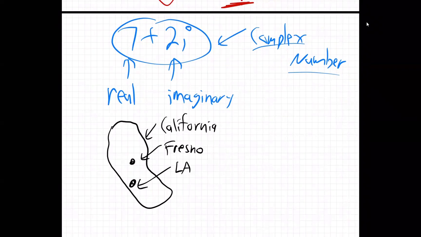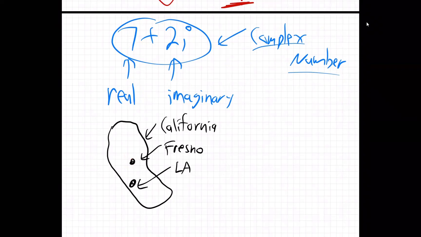So, if I was right here in Fresno, which I am and you are, we're in Fresno. Are we also in California? Well, yeah, you're in Fresno, you're in California, you're also in the United States, you're also in North America, right? So that's the kind of thing they're about to ask us about.